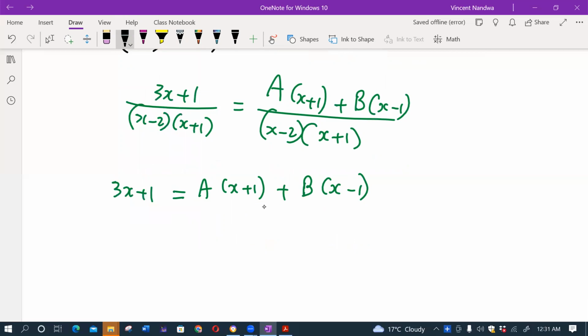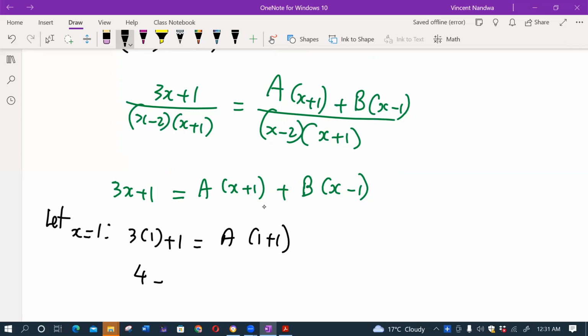So for instance, if I want to eliminate b in this equation, I simply fix x to be 1. So if I let x be 1, I'll have 3 times 1 plus 1 equals a into 1 plus 1. This part will be 0.